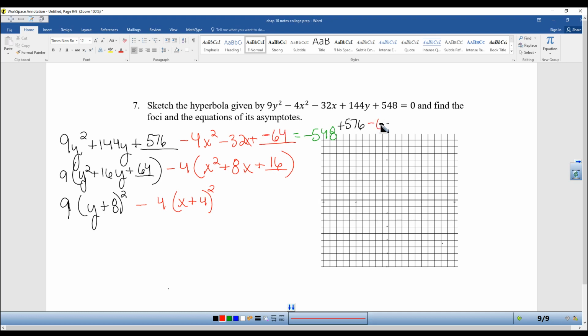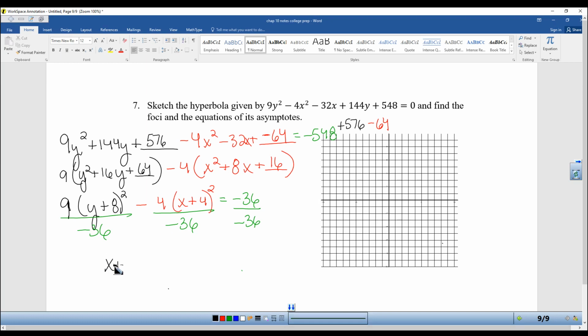So I'm actually subtracting 64 from both sides in order to complete that square. When I put all those numbers with that negative 458, I get negative 36. So when I divide through by negative 36, that's actually going to make my x positive and my y negative. So I'm going to reverse it.